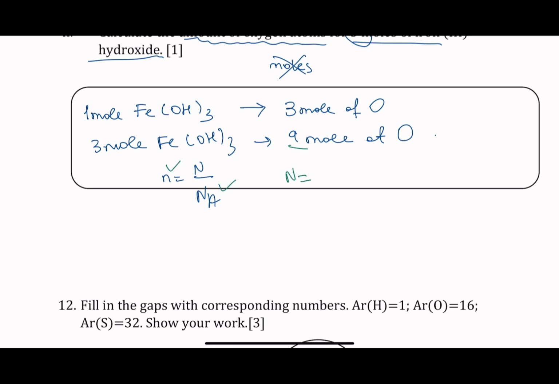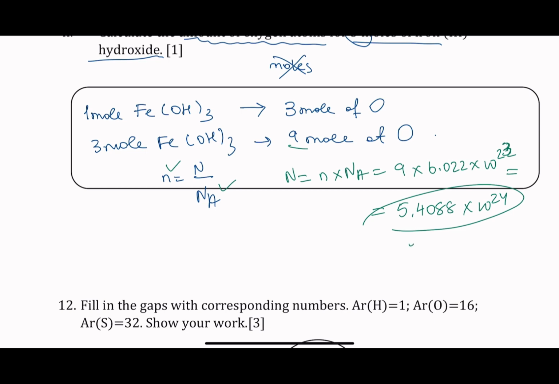So N would be n multiplied by Na, and that would be 9 times 6.02 times 10 to the power of 23, and this would be 5.4088 times 10 to the power of 24 oxygen atoms.